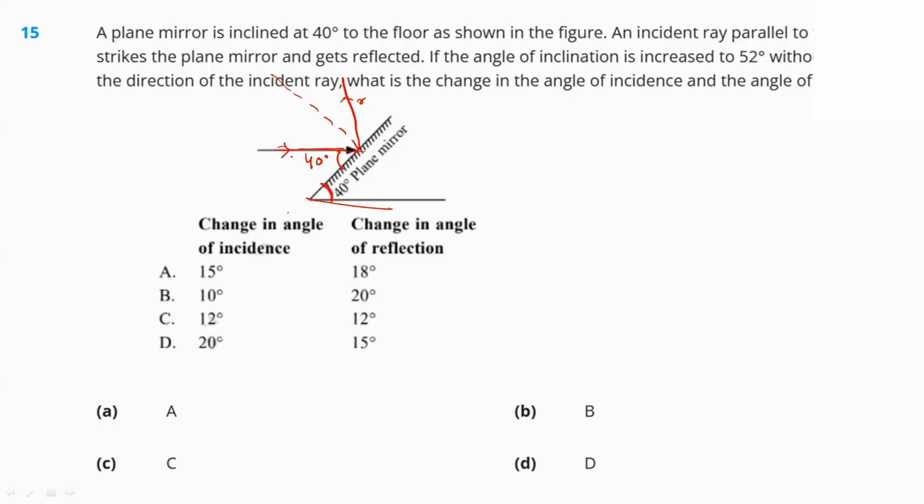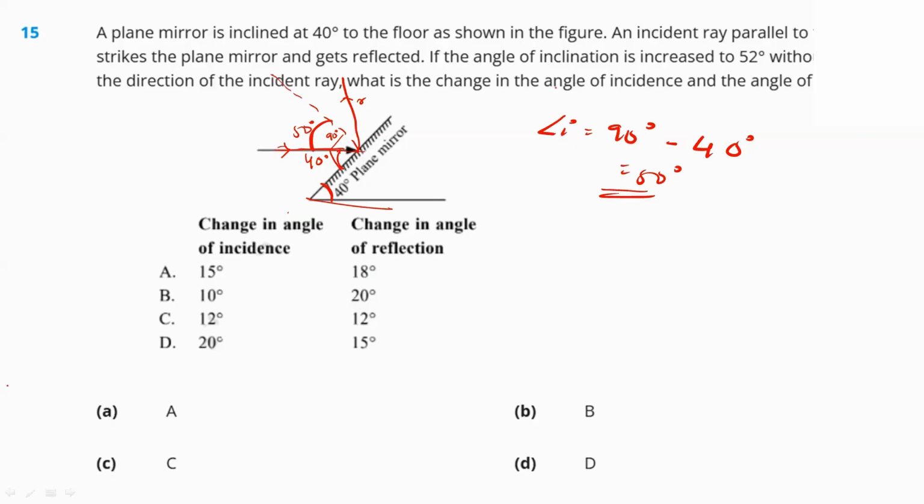And this is 90 degrees. So how do we find the angle of incidence? Angle of incidence is 90 degrees minus 40 degrees, which is 50 degrees. So 50 degrees is our angle of incidence.